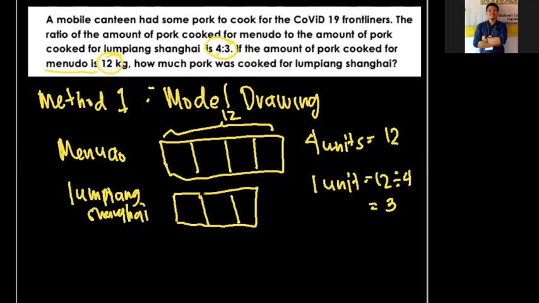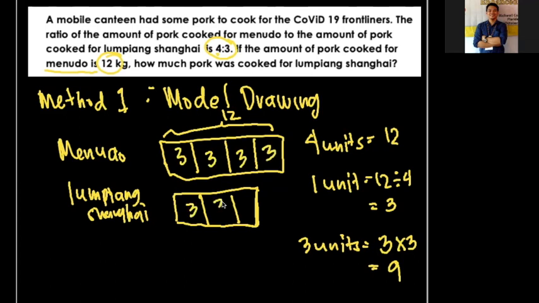And then to find the number of kilograms that we use to cook for lumpia, because lumpia has 3 units, we multiply 3 units by 3, so that is 9, because each unit is equivalent to 3. So there are 9 kilograms of pork we use for the lumpiang Shanghai.